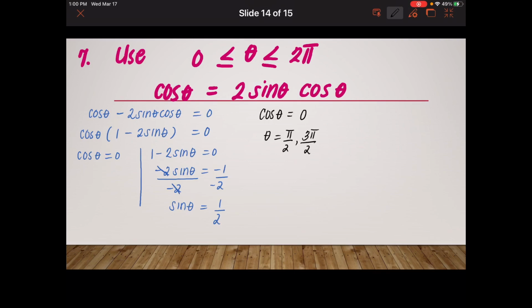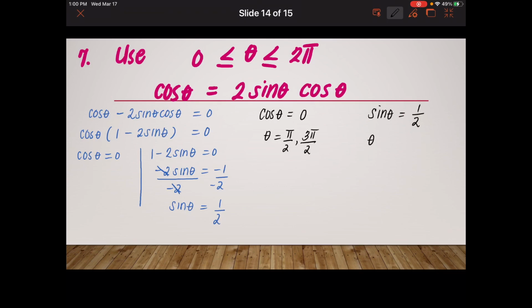You recall your quadrantal angles. So that would be pi over 2 and 3 pi over 2, or 90 and 270 degrees.